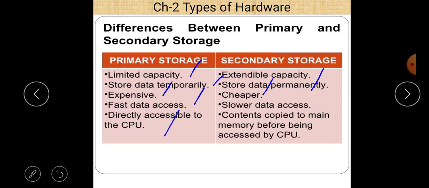Primary storage is directly accessible to the CPU, while secondary storage is not. First, its content is copied to the main memory, meaning primary memory or RAM, and then the data goes to the CPU. That is the difference between primary storage and secondary storage.